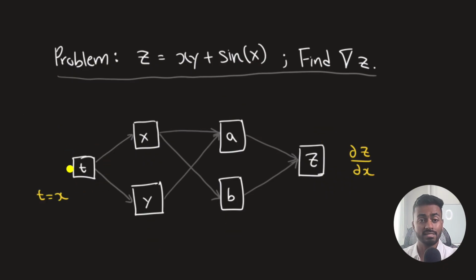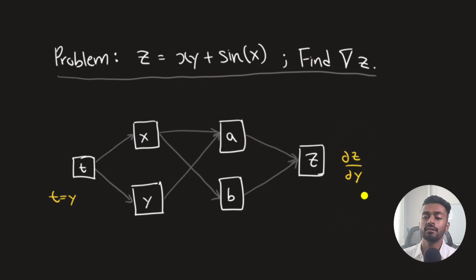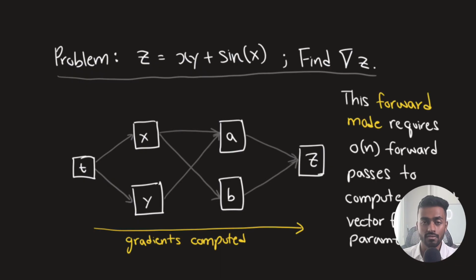Now, if t is just x, we have a method to compute the derivative of z with respect to x. Now we can do another forward pass where t is equal to y, and then we can compute the derivative of z with respect to y. So this provides us a method to compute the gradients of z with respect to every variable.